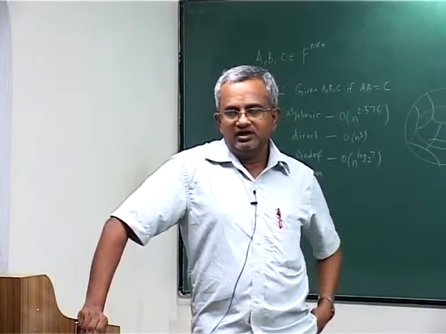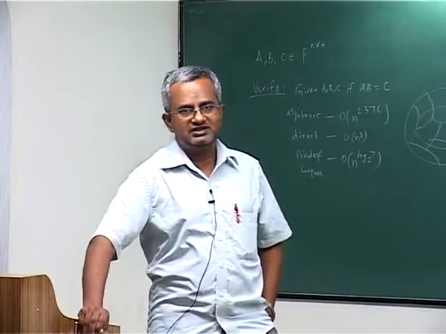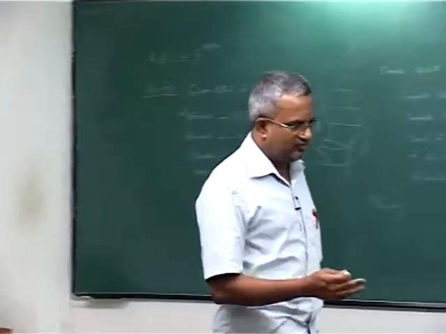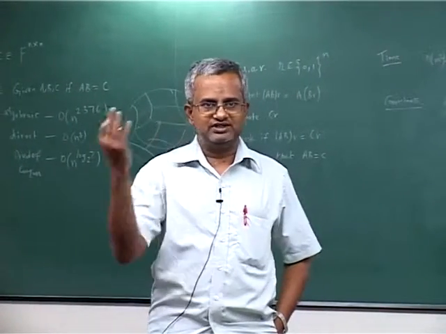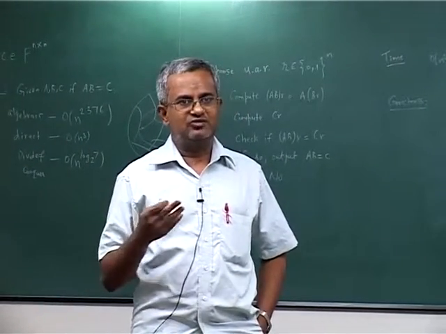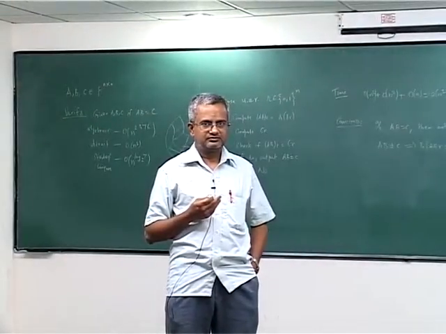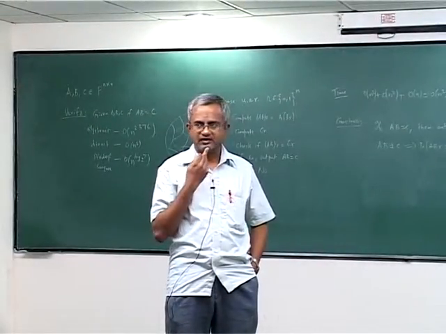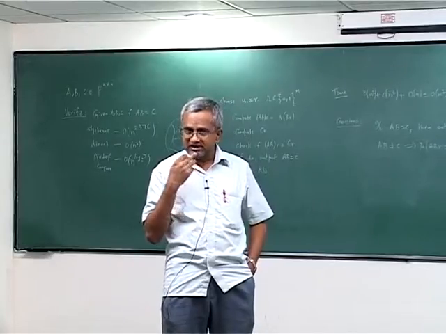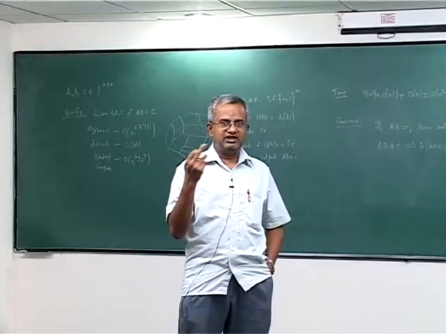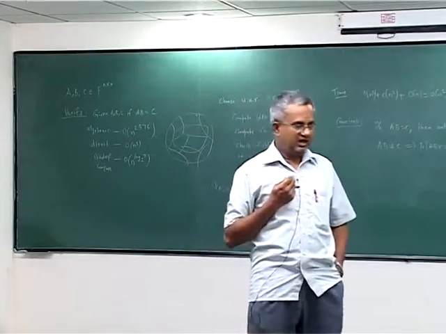What is the total number of 3 colorings? What is a 3 coloring? You just give one of the colors 1, 2, 3 to any of the vertices. So, how many 3 colorings are there? 3 power n. Each vertex can get one of 3 colors, so there are 3 power n colorings possible.